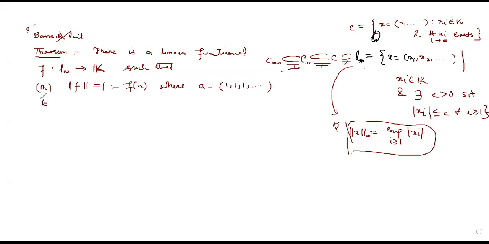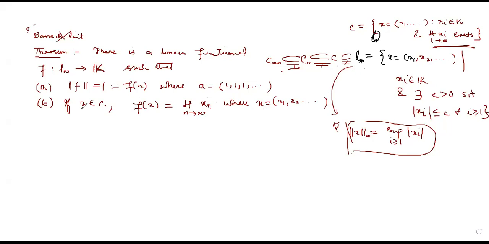And b, if x belongs to C, if x is any convergent sequence, C का मतलब ये convergent sequences, then f of x is just the limit of the sequence. Yani on this subspace C, it is just the limit of the sequence, where of course x is equal to x1, x2, क्योंकि limit as a number exists करता है.